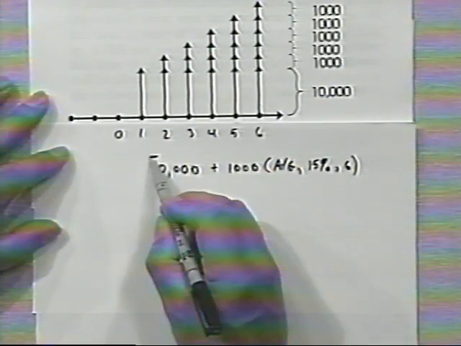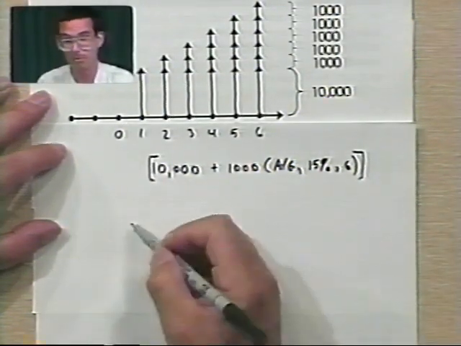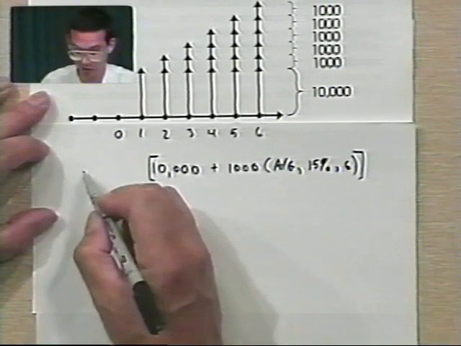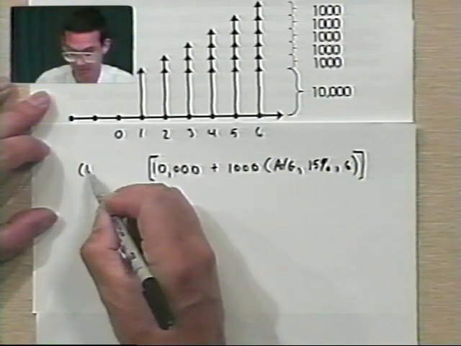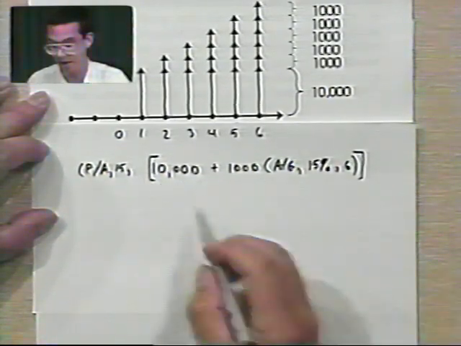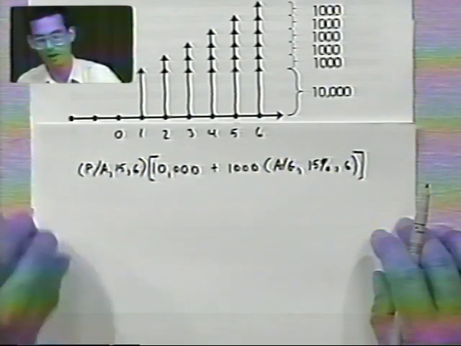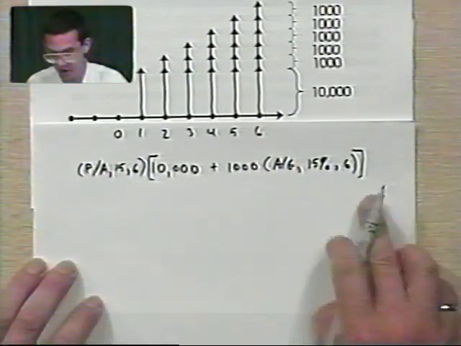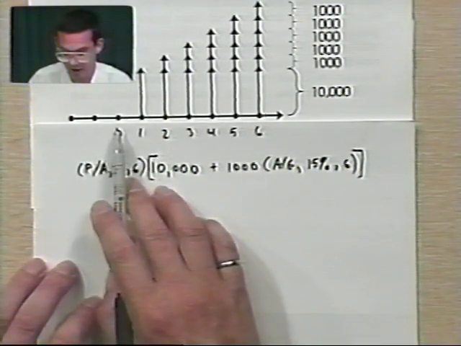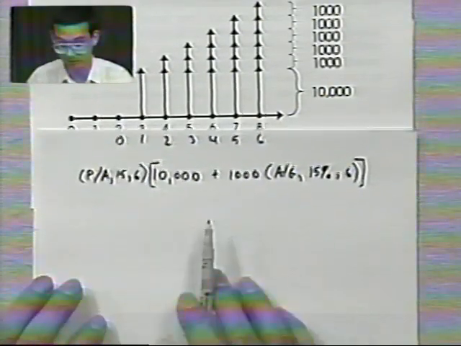Now, that's an annuity. We want to convert that annuity to a present worth, because we're looking for the present worth, by multiplying by the series present worth factor at 15%, and still for 6 periods. Right? So this entire expression now gives us a present worth at the end of year 2.